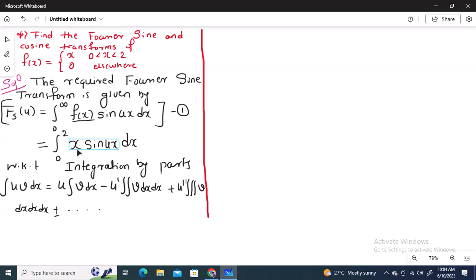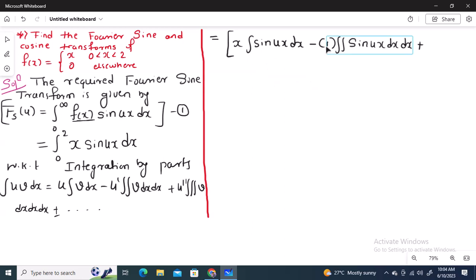Here u is x and v is sine ux. So if we write this, what happens? This is equal to the first function u, that is x as it is, times the integral of sine ux dx, minus the differentiation of u, that is u dash, which is 1, times the double integration of sine ux dx, plus, then one more differentiation will be 0.